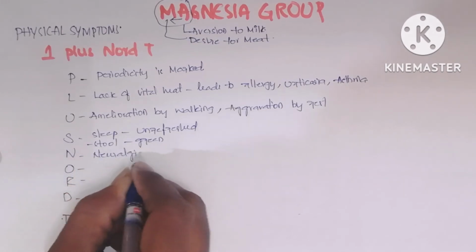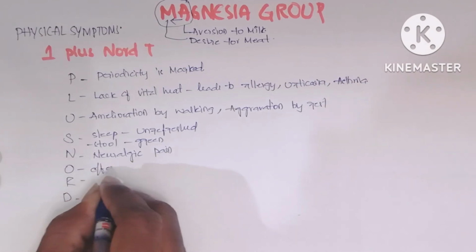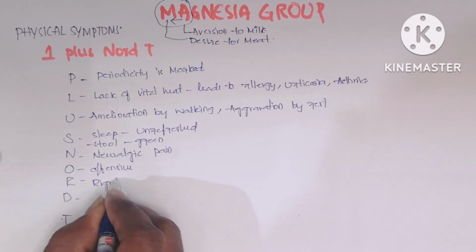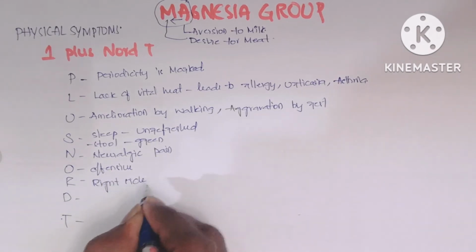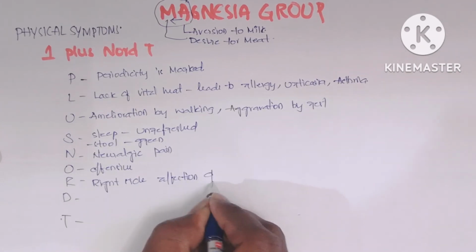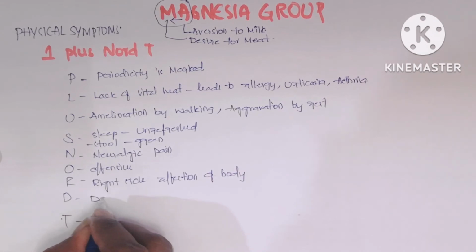And N for neuralgic pains. And O for offensive odor. And R for right side affections of the body. As earlier said, D for desire, desire for meat.